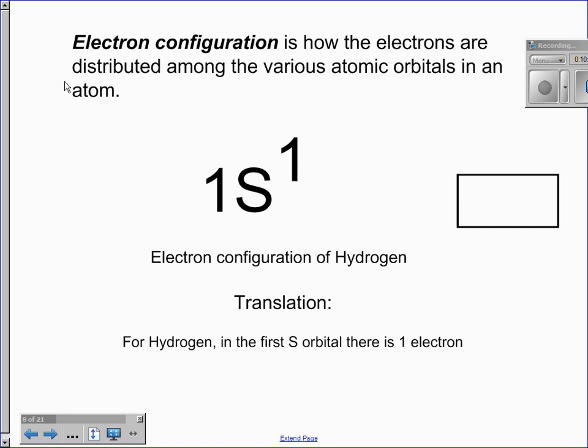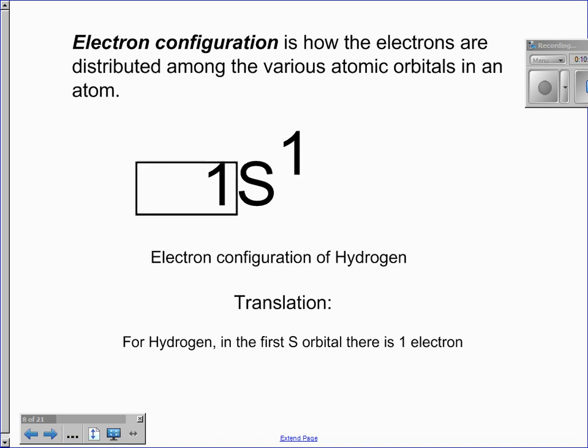Sorry. All right, anyway. So 1s1, electron configuration of hydrogen. What this first number 1 means is the very first orbital, closest to the nucleus. The bigger these numbers are, the further away we are from the nucleus.